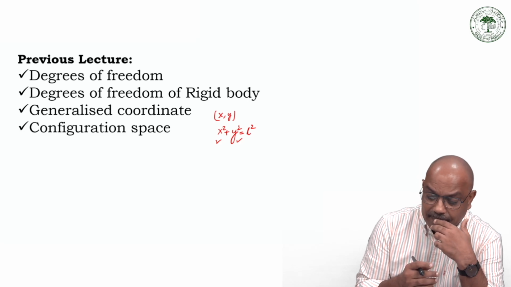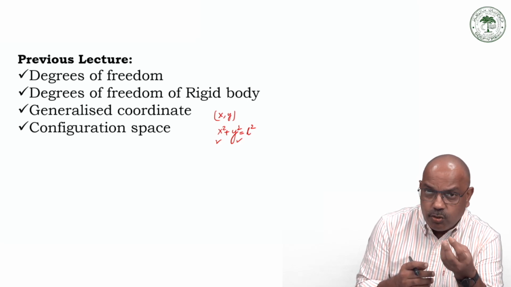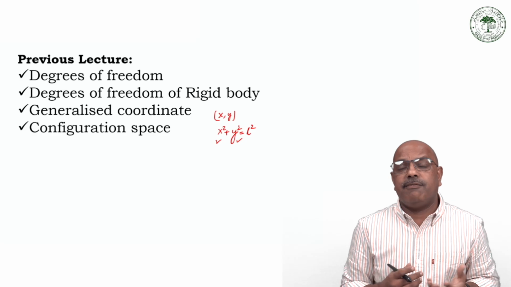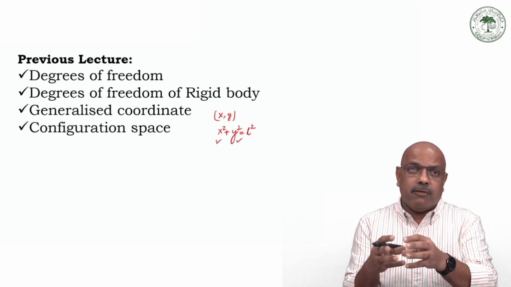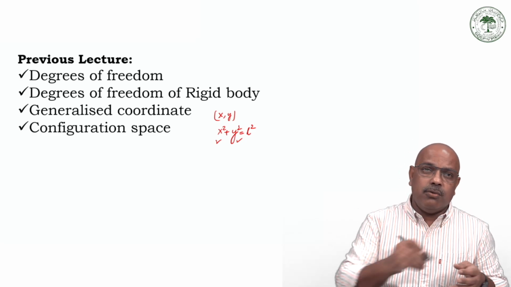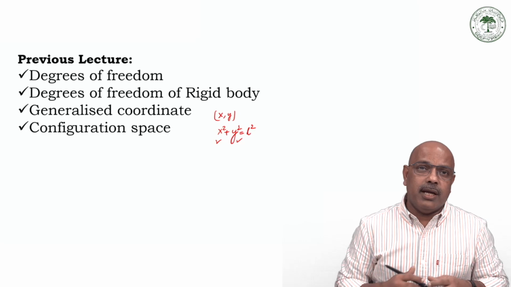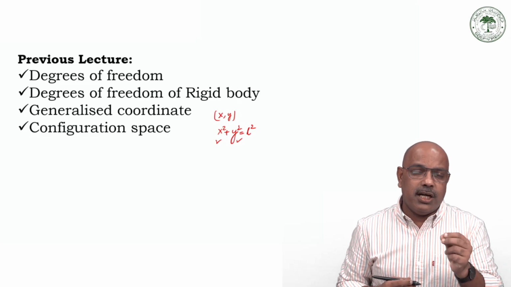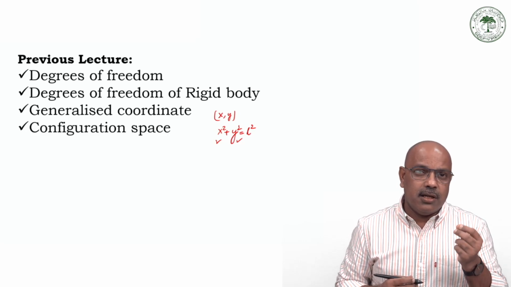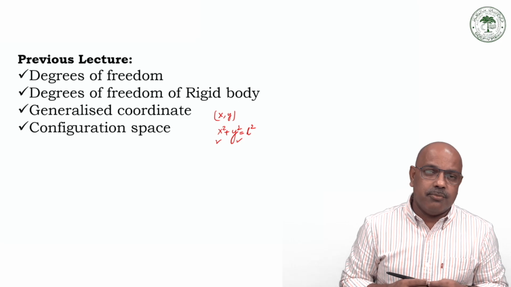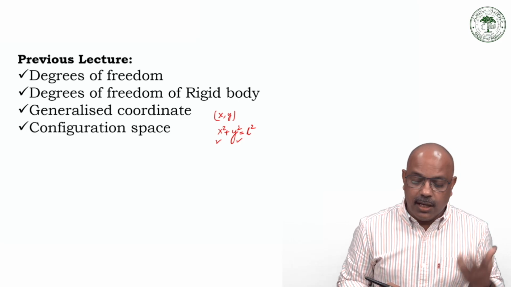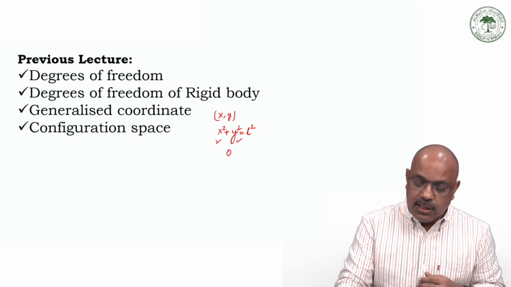So now we need a coordinate through which we can specify the configuration of the pendulum, where the position of the pendulum is during the oscillation. I need a coordinate which can specifically define this position, and that has to be independent. If you remember, that comes out to be theta.